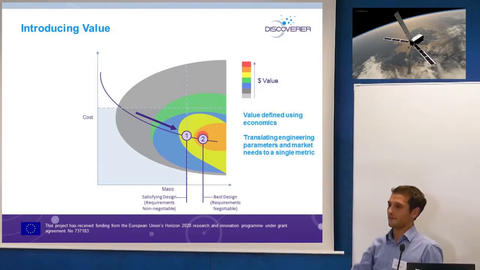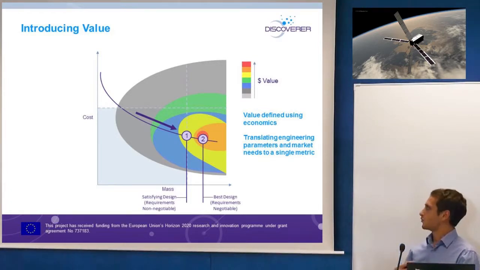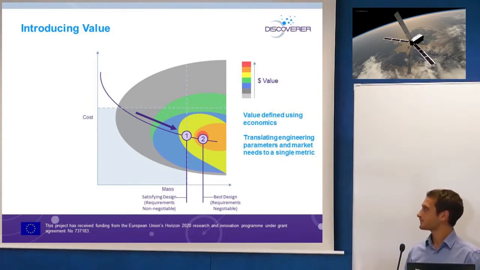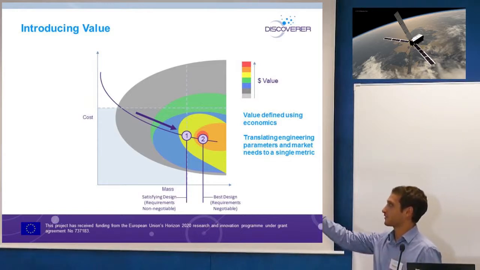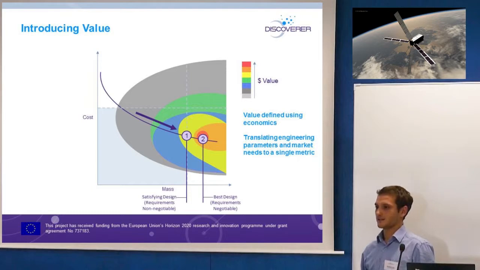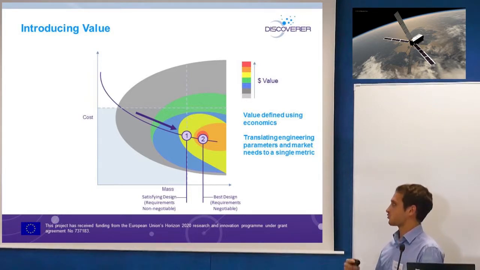So in this diagram, I've now overlaid it with a set of nominal contours which would define increasing value. And naturally, we can now see on our front of designs which are good in both cost and mass, equally good, we can't tell them apart, which direction we want to go in to achieve the greater value.